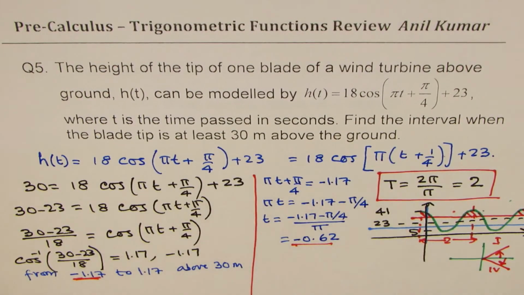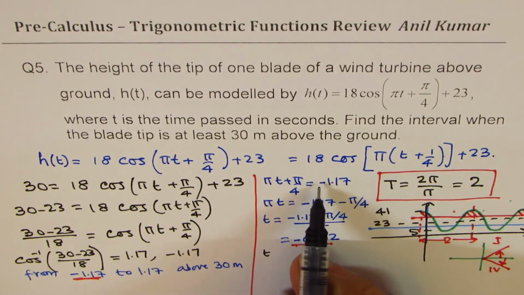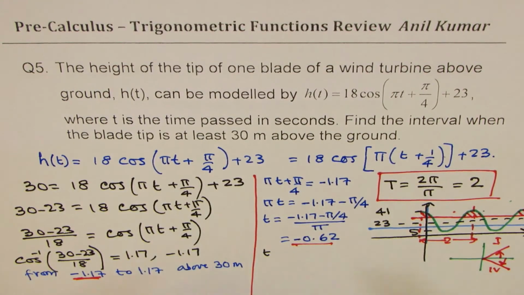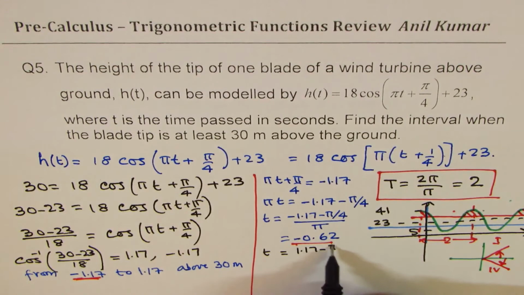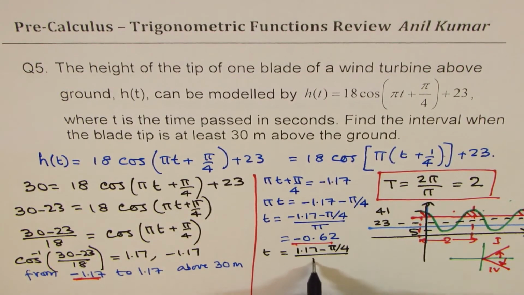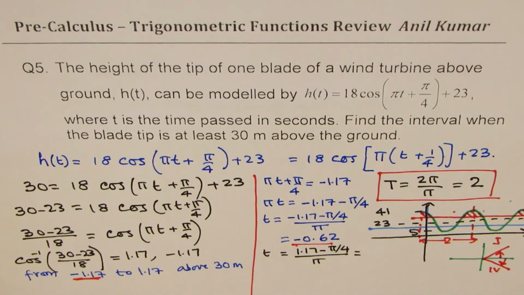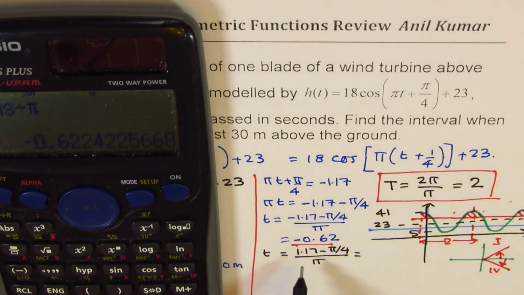Now if it is positive, in that case we'll again write this t, replacing minus 1.17 with positive, right? So t equals 1.17 minus pi by 4, divided by pi, right? So let's do this calculation again, but with positive.